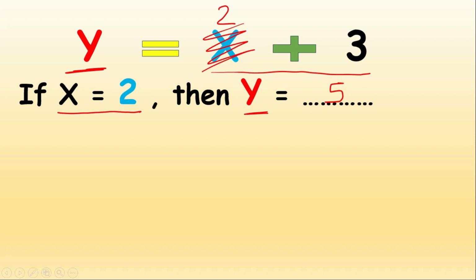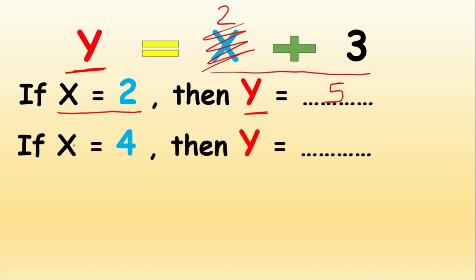Okay, another example. If x equals 4, then y equals what? Let's cancel x and replace it by 4. If x equals 4, so 4 plus 3 equals what? 4 plus 3 equals 7. Then the value of y equals 7 if we replaced x by 4.